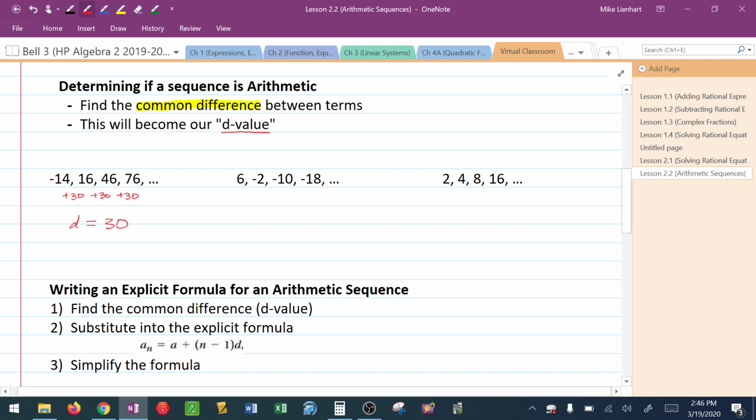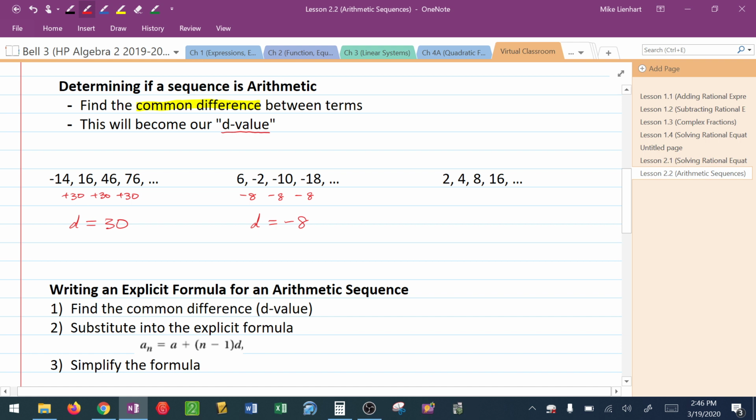In this second example, I notice that the numbers go down in a pattern. They go down each time by 8 to get to the next term. This is still a common or constant difference, and our D value here would be negative 8. How about one like this? Well, it goes up by 2, then it goes up by 4, then it goes up by 8.